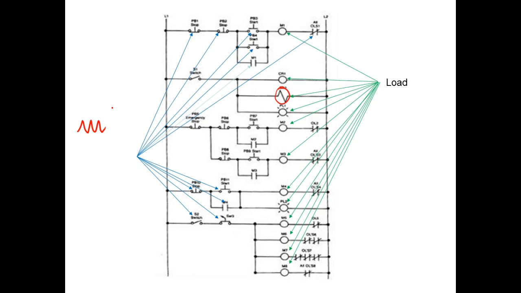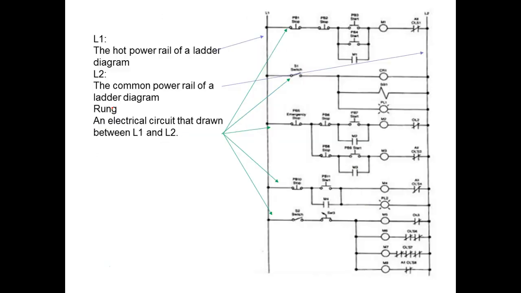So, here's the power rails. Everybody okay on L1? What we call those power rails, L1 is usually considered to be the hot leg. That's not a real good term, but that's a term an electrician uses. And L2 is considered to be the circuit common.